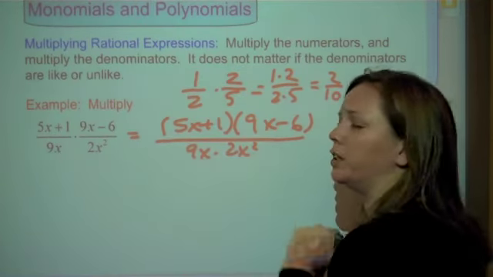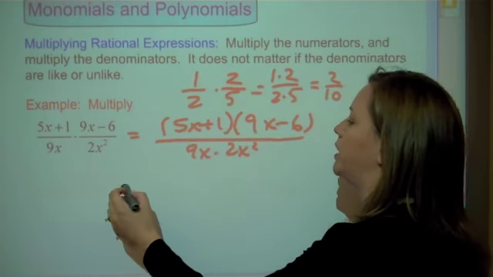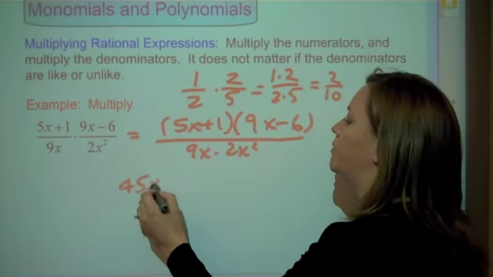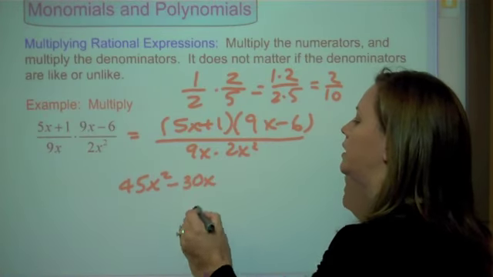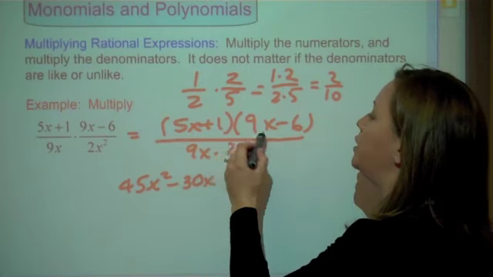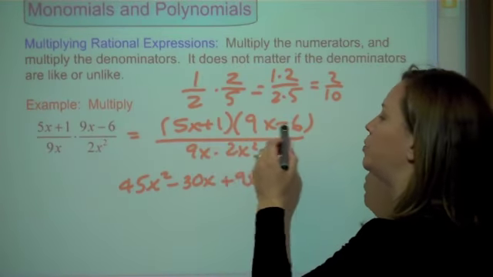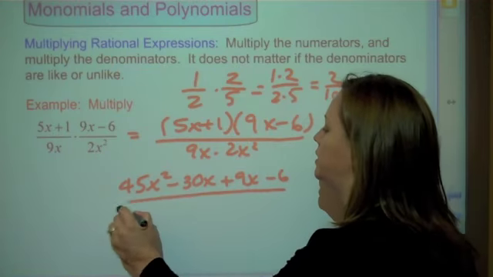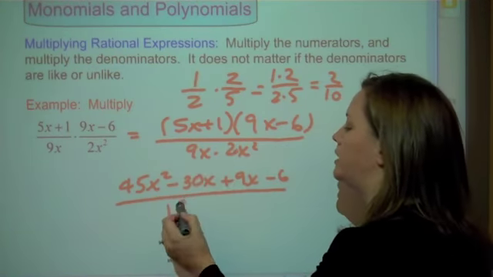So in the numerator here, I have to use our FOIL method, first, outers, inners, last. So 5x times 9x is 45x squared. 5x times negative 6 is negative 30x. Inners, 1 times 9x is plus 9x. And then my lasts, 1 times negative 6 is minus 6. Then on the bottom, multiply the coefficients. 9 times 2 is 18.